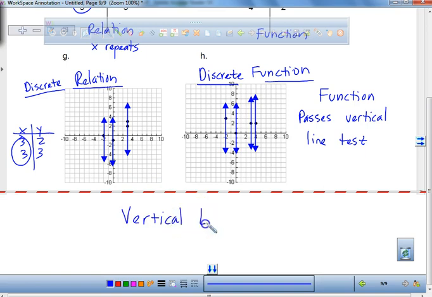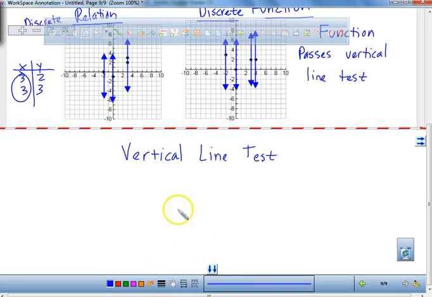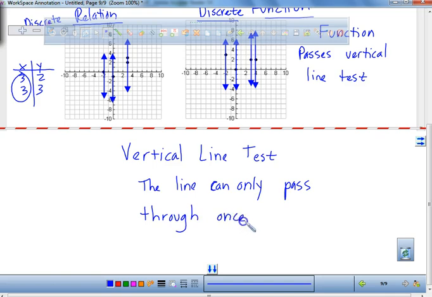When you're doing the vertical line test, the line can only pass through whatever it's going through one time. Alright? So understand, if it goes through it more than once, it's not a function.